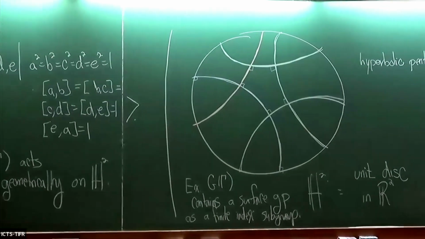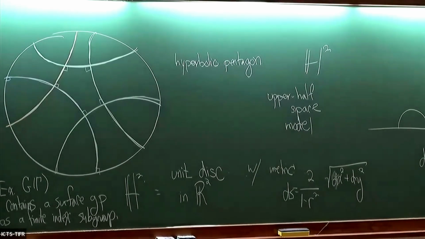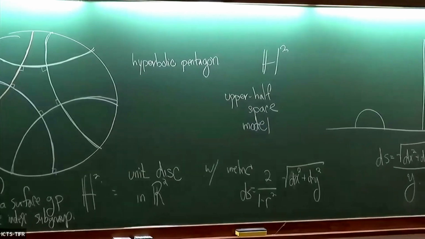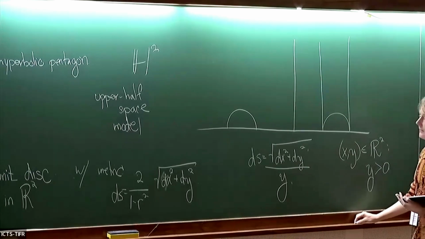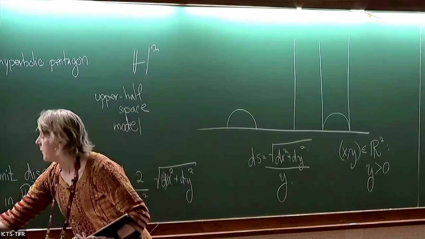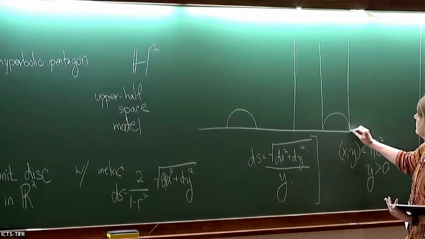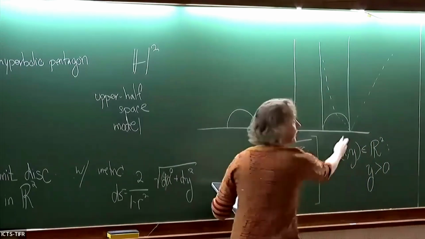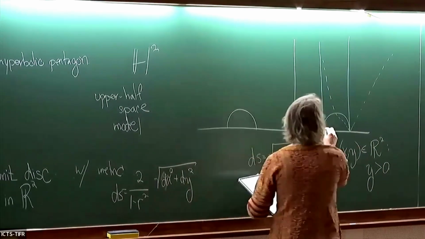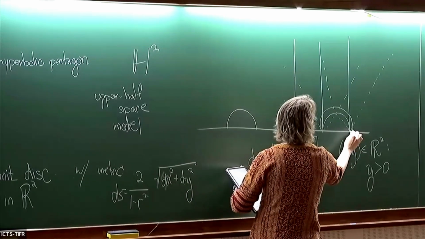In H2, let me draw a geodesic triangle that is an ideal triangle, meaning all the points are at infinity. We can only have that in hyperbolic space. Because this metric is scaled with respect to height, this is a constant distance neighborhood of this geodesic right here, and here's a constant distance neighborhood of the other one, and of this one.